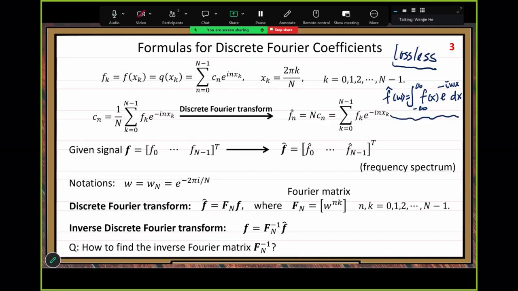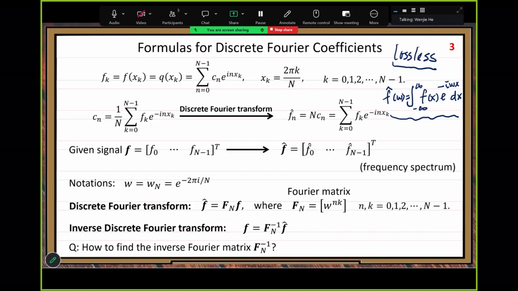Now let's compare the discrete version of the Fourier transform: summation versus integral.